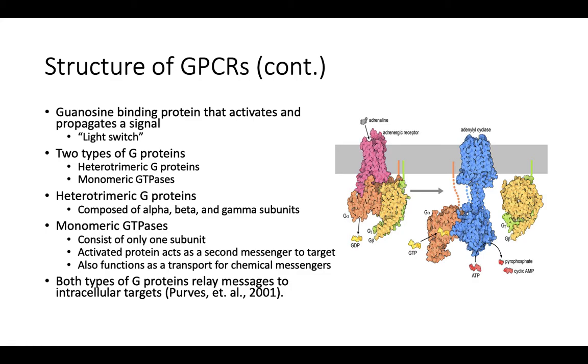But essentially, the activated protein will help act as a second messenger and interact with other factors downstream, which allows for more cell signaling. And it also functions as a transport for chemical receptors, or messengers, I should say.